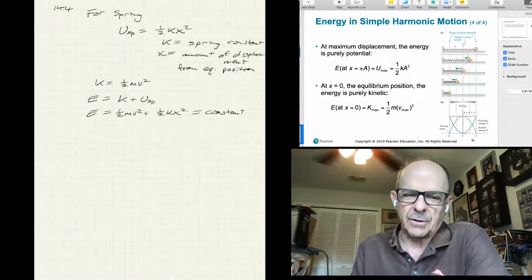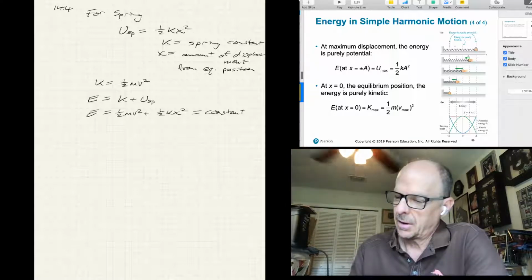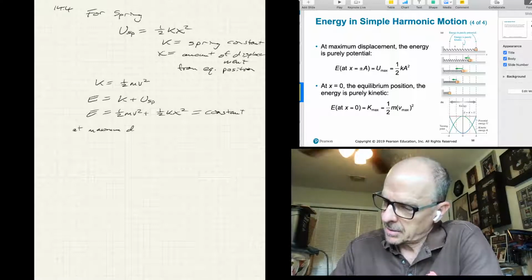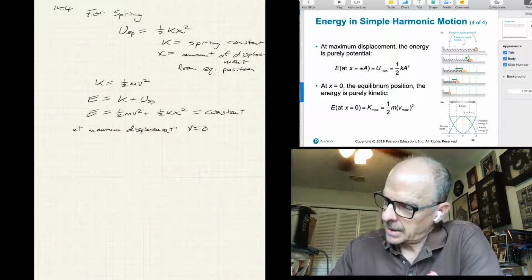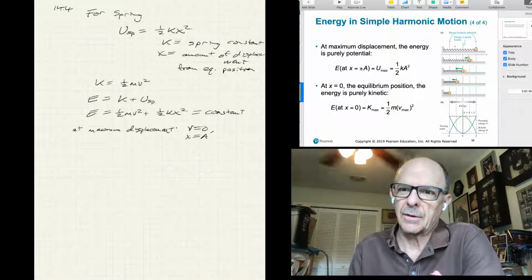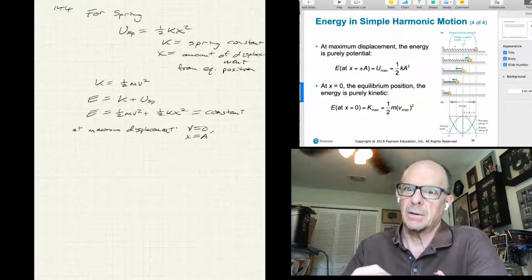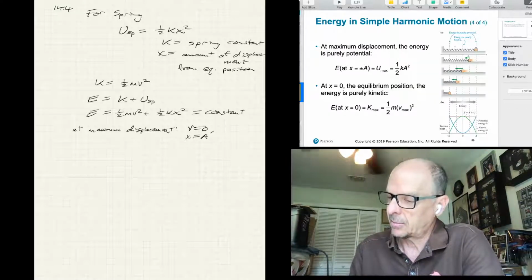Now for the spring example, which we're looking at here, at the maximum displacement, we have v equals 0 and x equals A, the amplitude by definition. That's just the definition of the amplitude, what your displacement is at your maximum displacement.